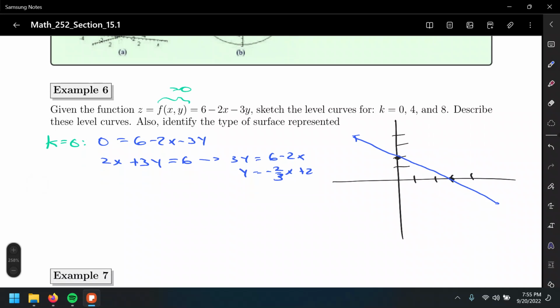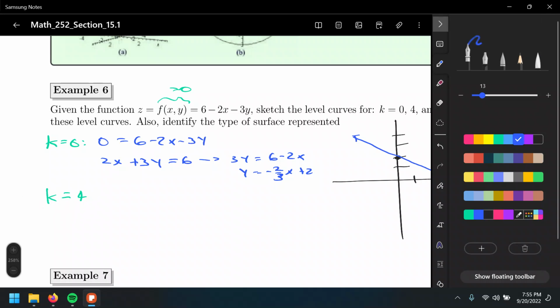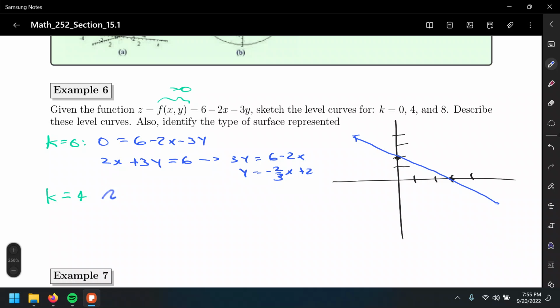Let's do this for k equals 4. So for k equals 4, we get 4 equals 6 minus 2x minus 3y. And 4 minus 6, that's negative 2, equals negative 2x minus 3y.